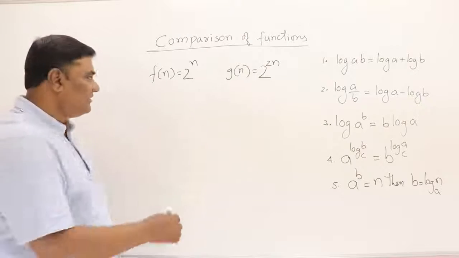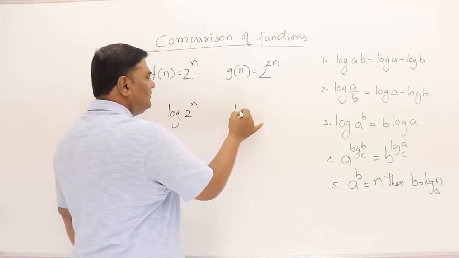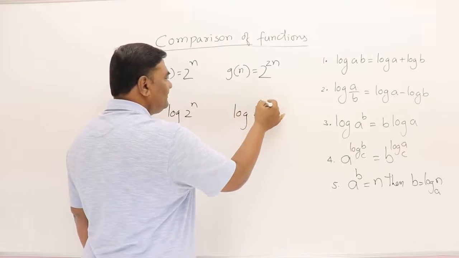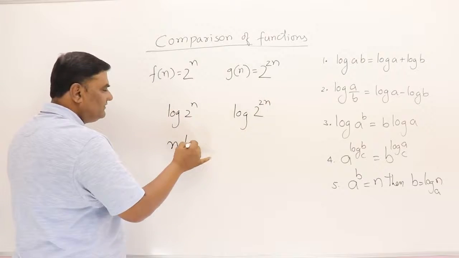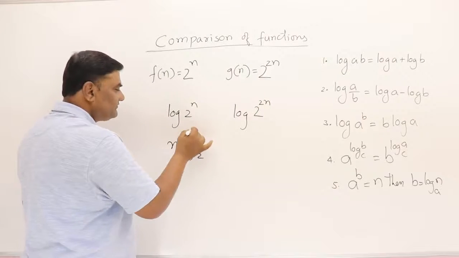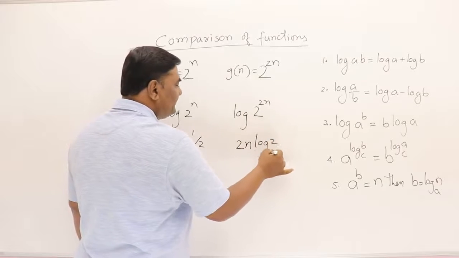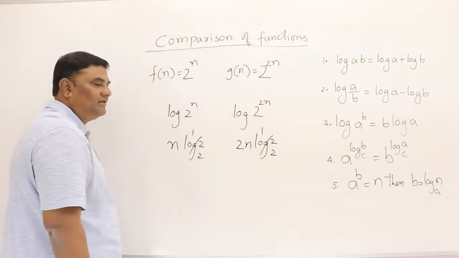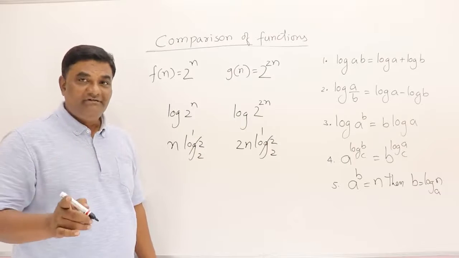Let us apply log. Log 2 power n, log 2 power 2n. So this n comes this side, log 2 base 2, this is 1. And 2n comes this side, log 2 base 2, this is 1. Now which is greater? Now don't say they are equal.